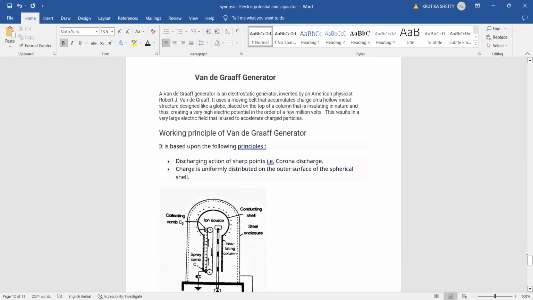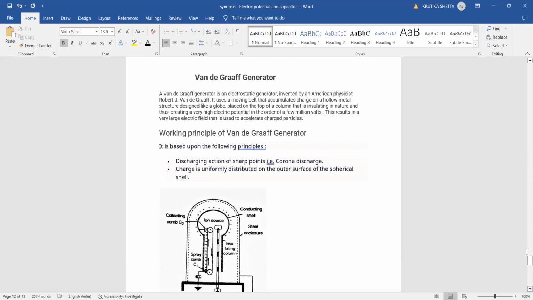So this Van de Graaff generator is a device that generates high potential charges. Okay? Where are these high potential charges used? They are used in nuclear phenomena. We also have other practical uses for high potential charges.